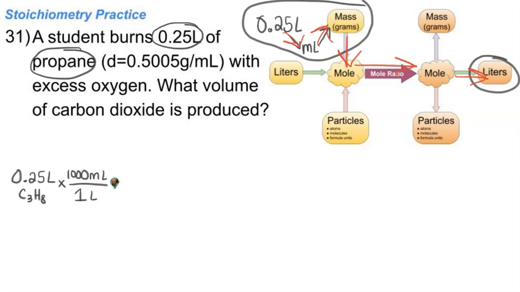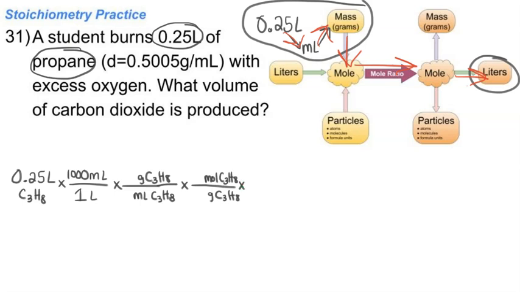Now we need to take our milliliters of C3H8 to grams of C3H8, and that'll be our density value that we'll use to get that. Then we will go from grams of C3H8 to moles of C3H8.